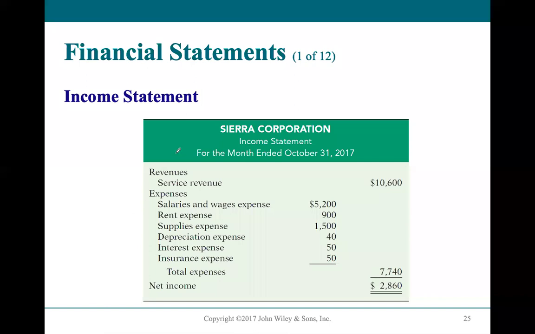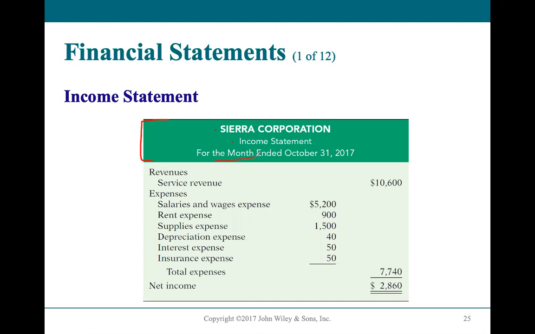So the income statement has, as you see here, and these are forms that don't change. So anytime you need to prepare an income statement, it's going to look very similar to this. The heading is always first. The name of the company is always listed first. The name of the statement is listed second. In this case, the last thing is the time.